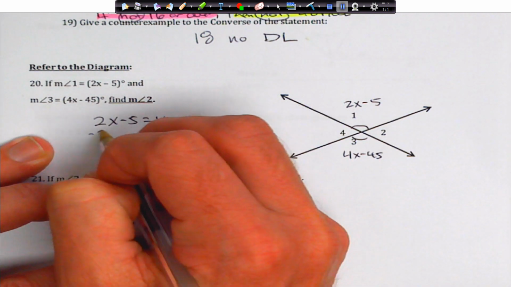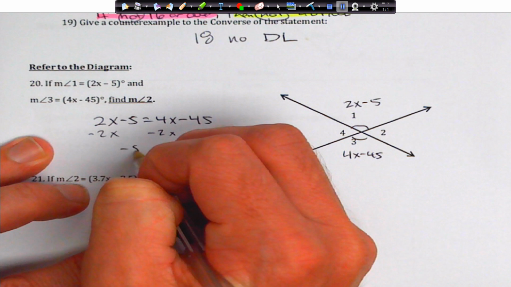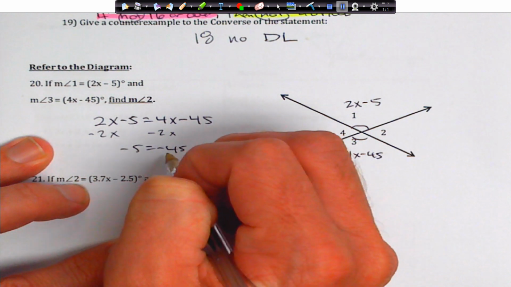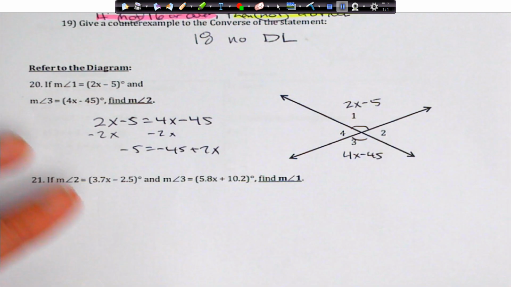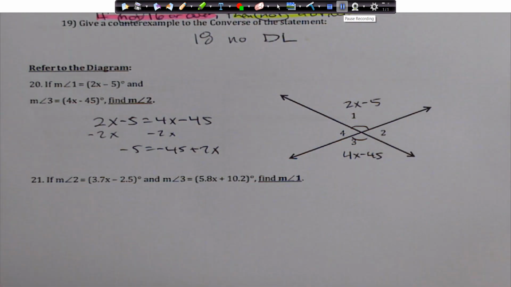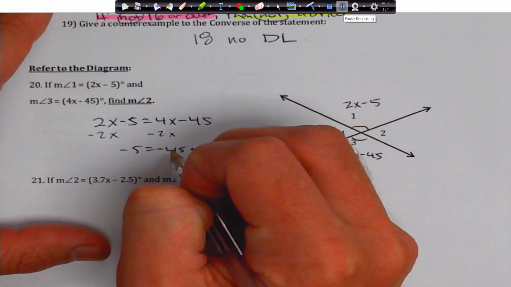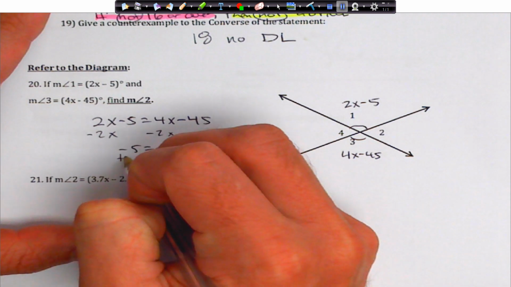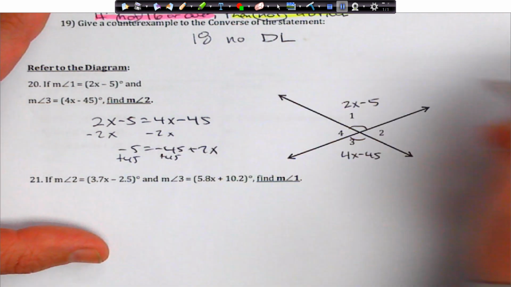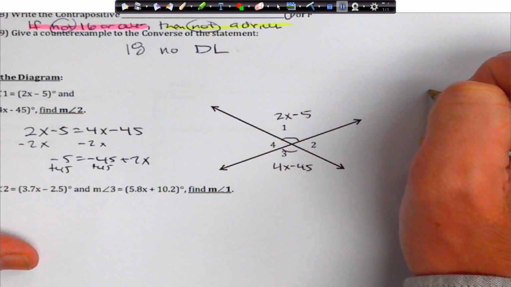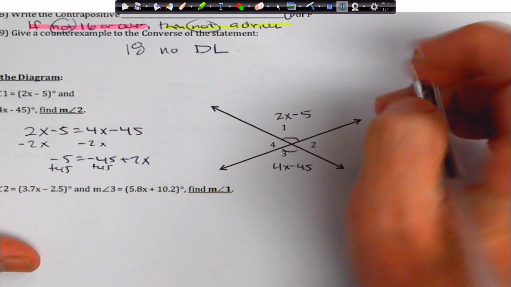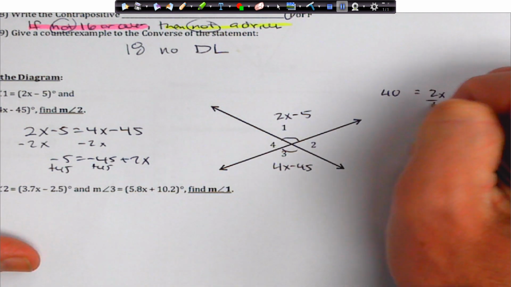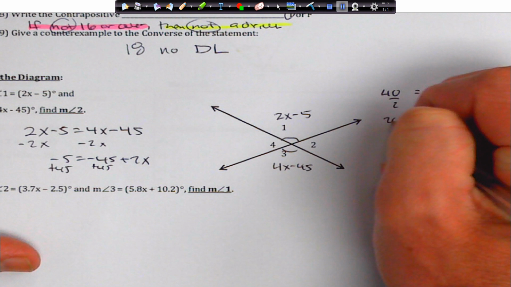So I'm going to subtract the 2x, and we get negative 5 equals negative 45 plus 2x. Then we're going to add the 45, so we get 2x on that side and 40 on this side. Divide by 2, get x equals 20.